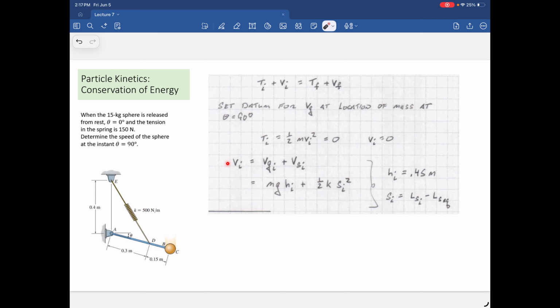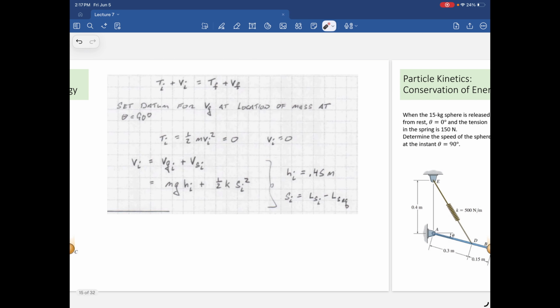The initial potential energy of the system will have both gravitational and spring energy: mgh1, where h1 is 0.45 meters, the distance above the datum, and we need 1/2 k s_i squared. The height is 0.45, and s_i will be the initial stretch of the spring, the initial length minus the equilibrium length of the spring, which we need to determine.